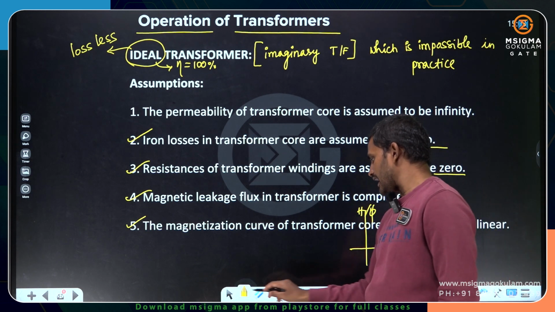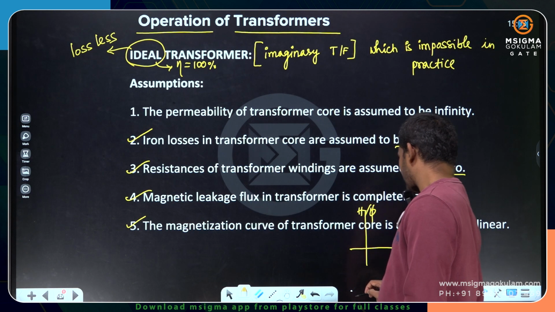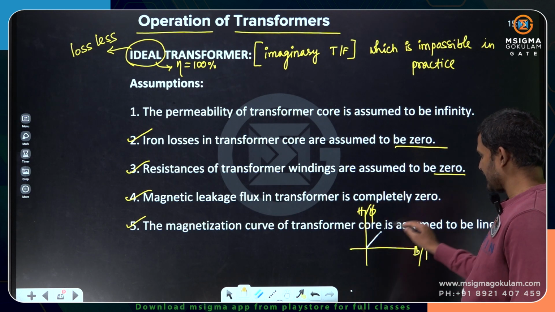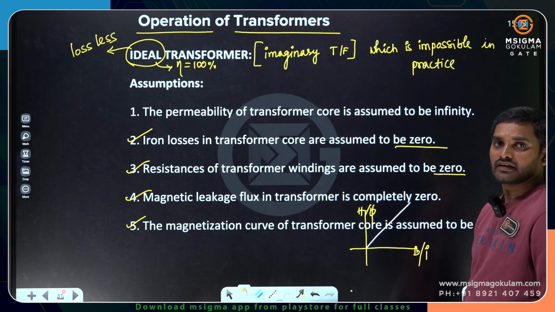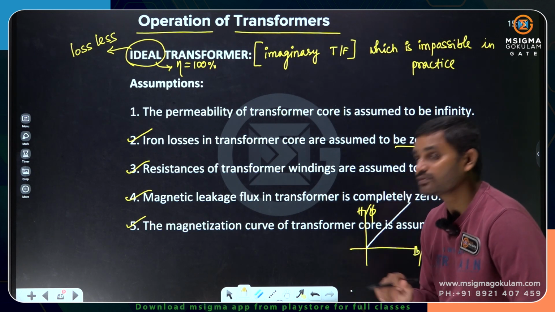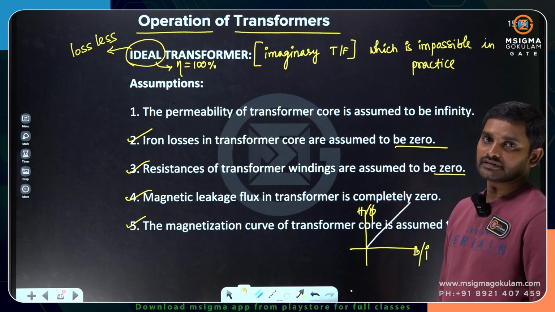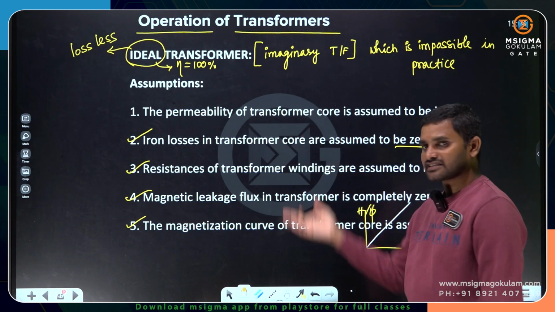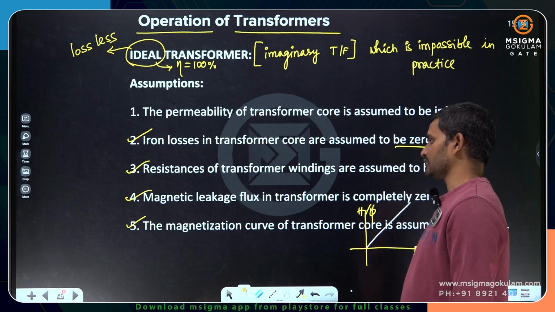If you draw the graph, he is expecting a linear curve like this. If he is expecting a linear curve, it means the area under the curve is zero. That is not possible. That means our hysteresis loss is zero, which is not possible.